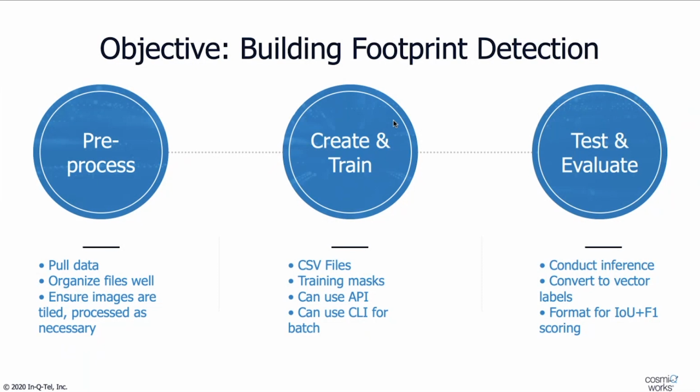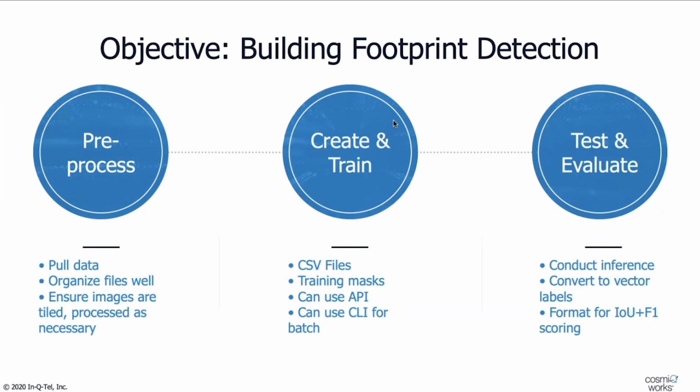One way is using the Solaris Python API, which trades off ease of use for flexibility. The other way is using the CLI, or your native command line interface, which on Mac can be terminal and on Windows systems can be command prompt. The CLI is typically used for batch processing, and this trades off flexibility for ease of use.